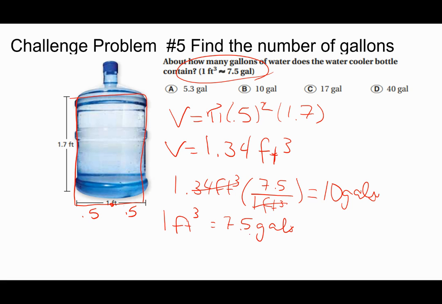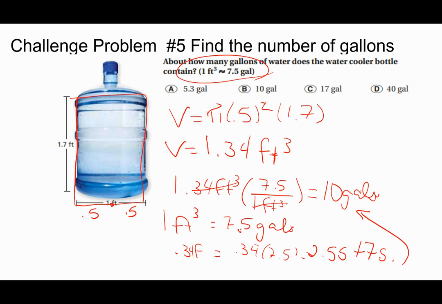So it's going to be more than 7.5, and the 0.34 of a foot times 7.5 will give us that partial gallon. 7.5 times 0.34 is 2.55, plus 7.5 will give us our 10 gallons.